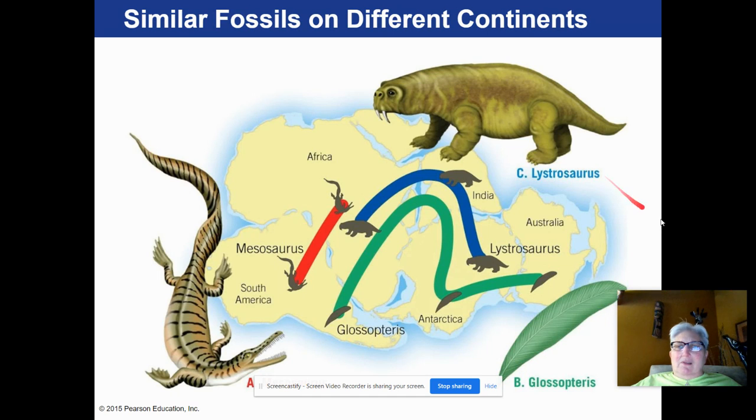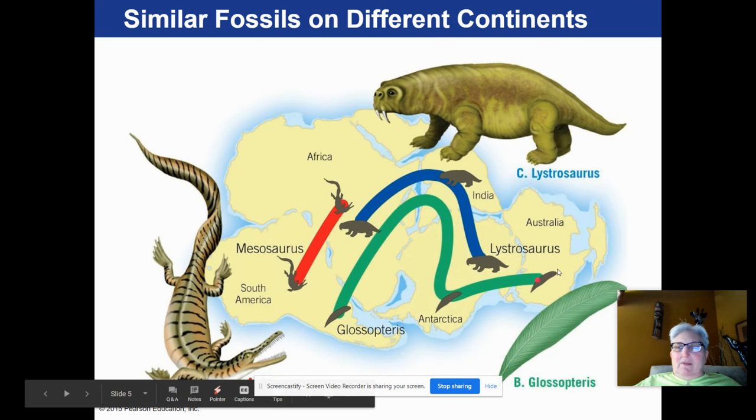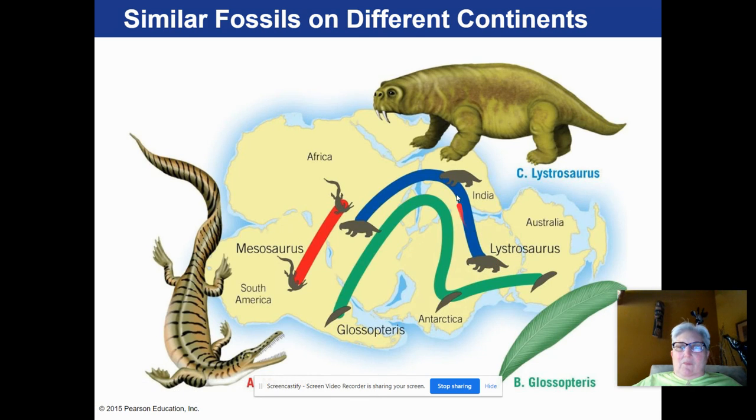So, he used a lot of this information. Lystrosaurus was one of those first animals about 230 million years ago. And he kind of traced the movement of Lystrosaurus from one continent to the other, right?